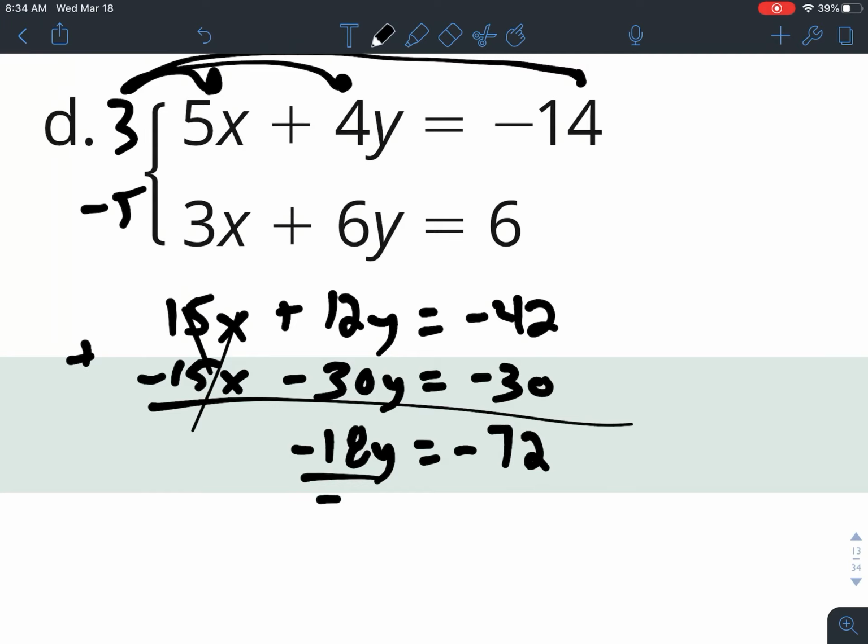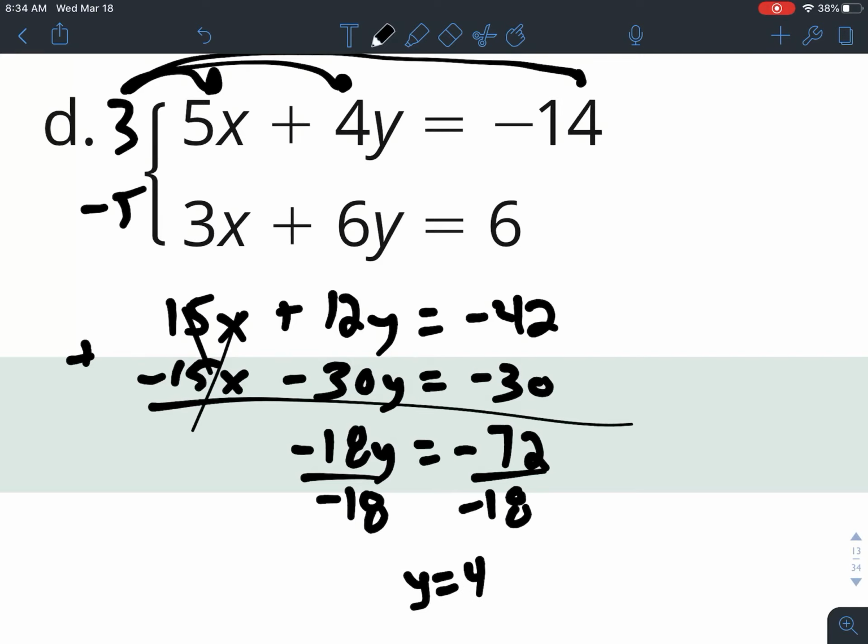We divide each side by negative 18 to solve our problem. I got my other calculator out here, so you might need to go onto your calculator, negative 72 divided by negative 18 ends up giving us y equals 4.